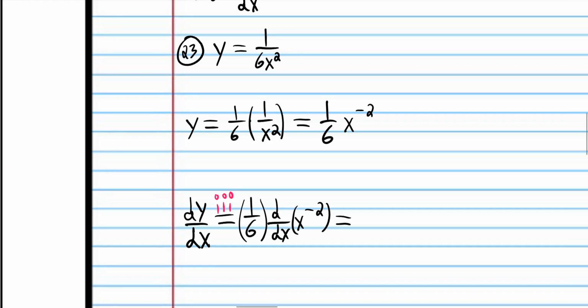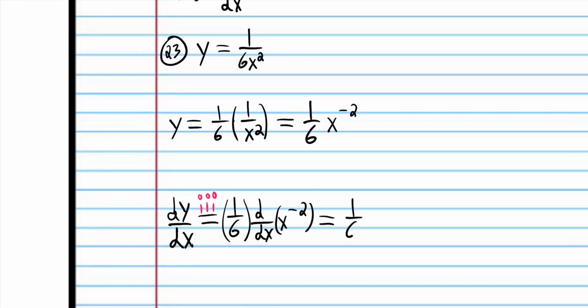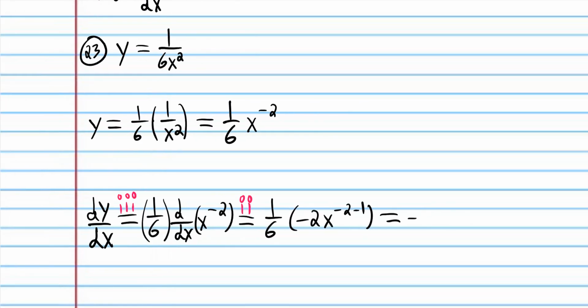So now we're going to use the power rule, differentiation formula number 2, which tells us that the derivative of that expression is negative 2 times x to the negative 2 minus 1, which is negative 1/3 times x to the negative 3.